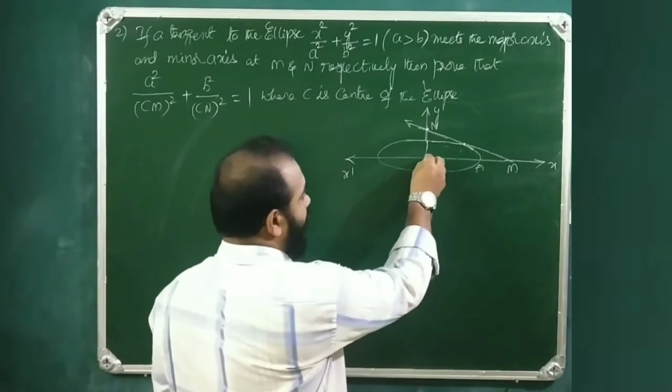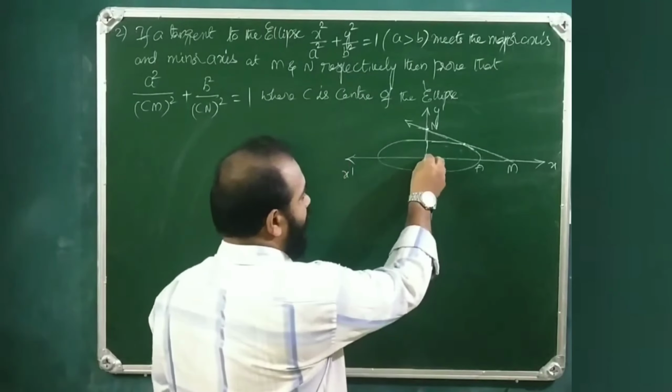Now, let P theta, so let us suppose that this is P theta. Let this be P. I'll take the parametric point. So P theta is a cos theta, comma b sin theta.